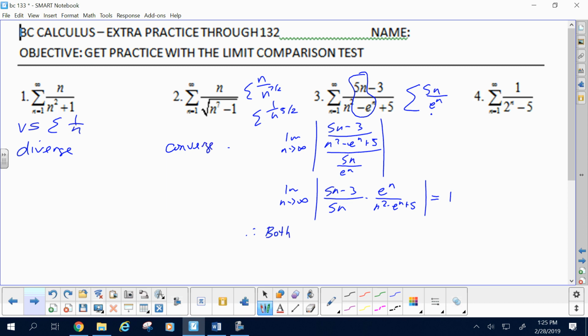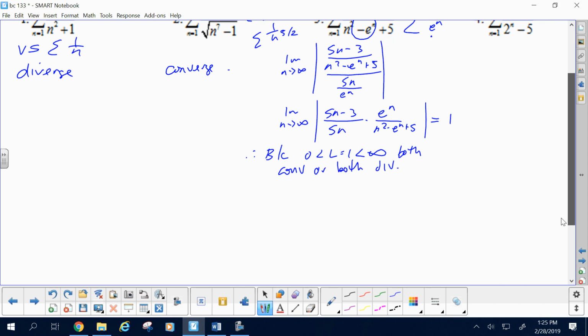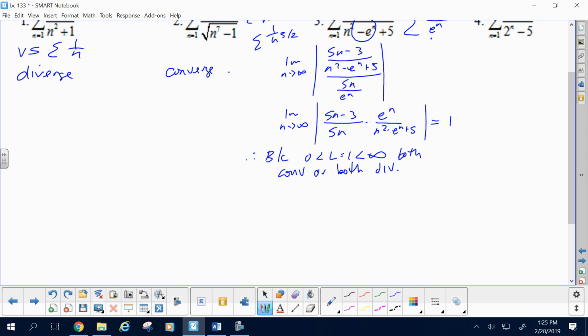Both, because that limit is finite, not 0, both converge or both diverge. Great. Now, the question becomes, does 5n over e to the n converge or diverge?